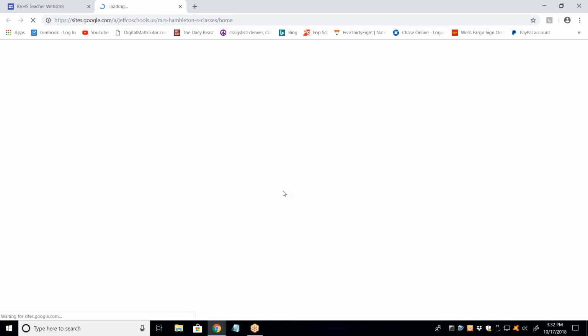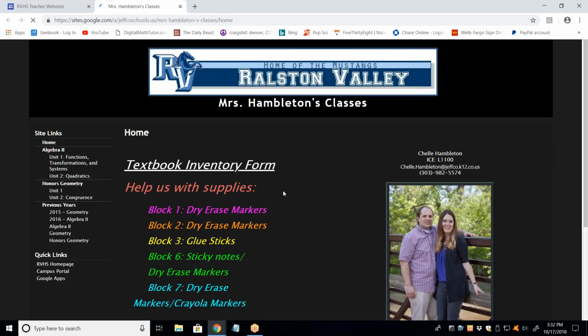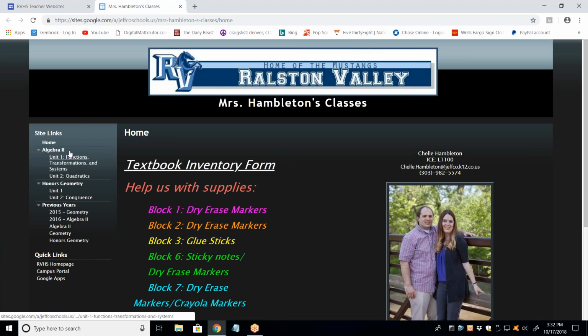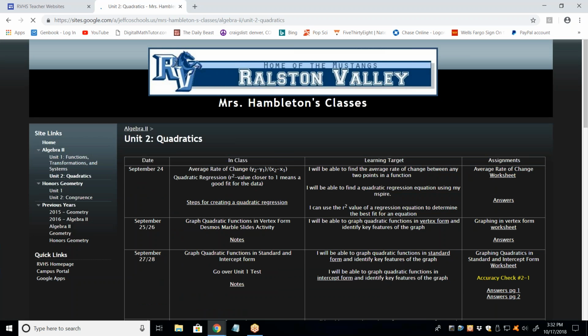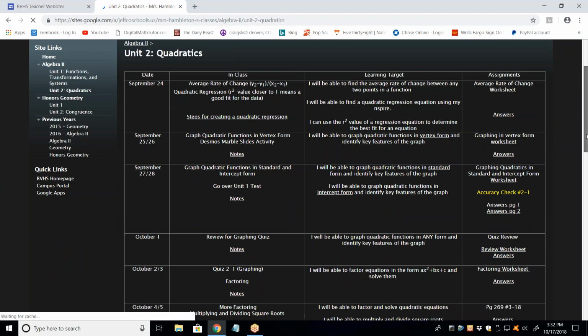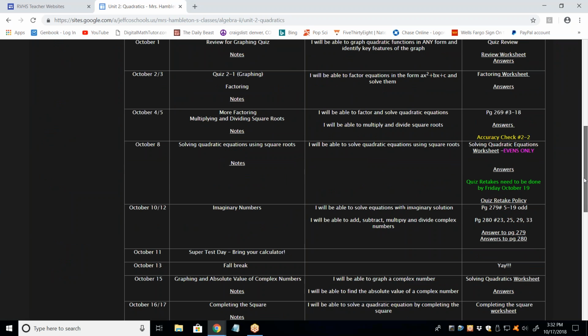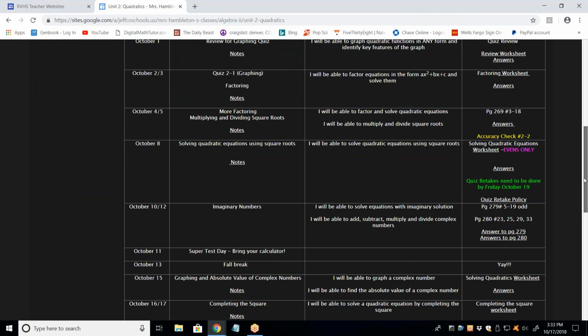And then the Unit 2 quadratics on the left hand side of her page. And then scroll down to events. The purple events only? Hold on.